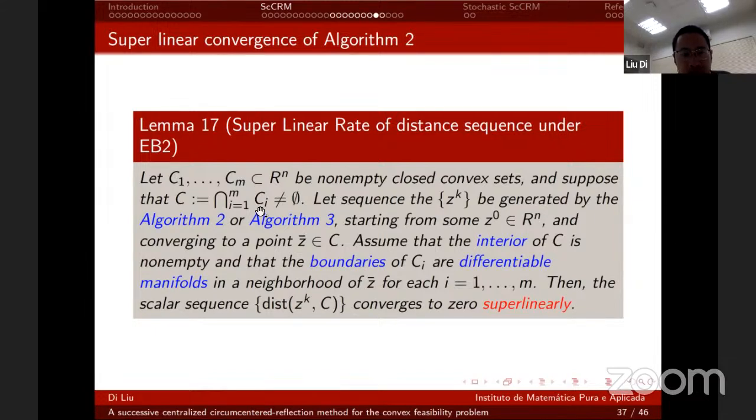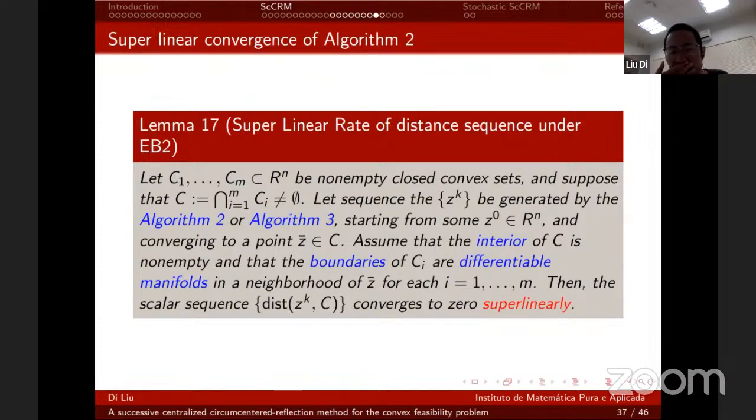Okay, but here we also assume some additional hypotheses. Here we assume the interior of C is non-empty, and also the boundaries of C_i are differentiable manifolds, which in some sense means that the boundary is smooth.